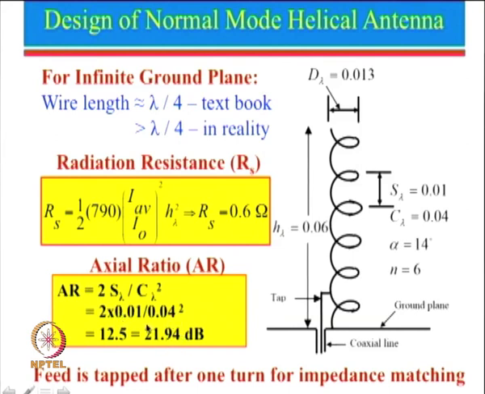So by increasing this particular value, suppose instead of 0.04, we take double of this as a circumference, it will be 4 times, and this will reduce to about 3 here.